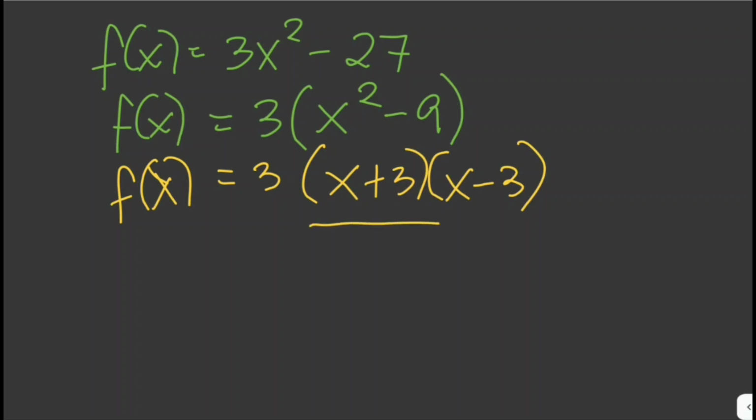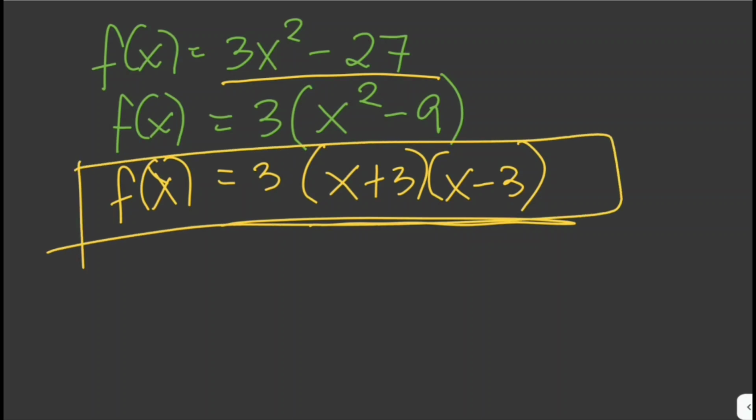So these are now the factors of this equation, and this is also the intercept form of the equation, because a here is equivalent to 3. We have 3 here, and the intercepts are negative 3 and positive 3.